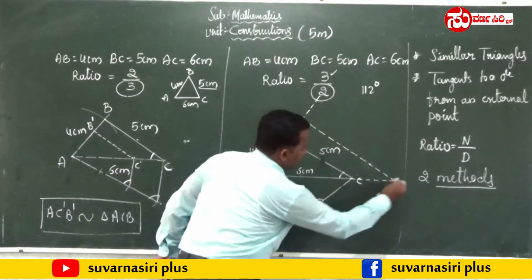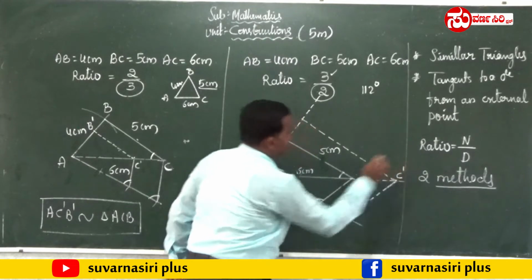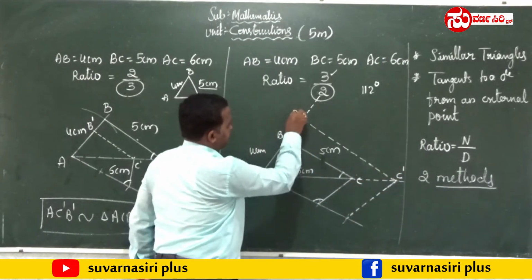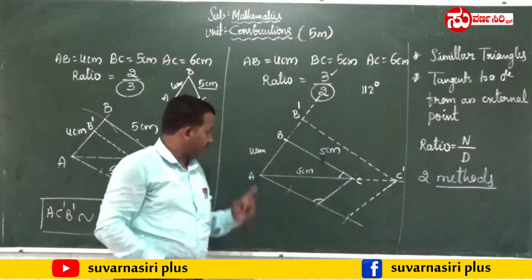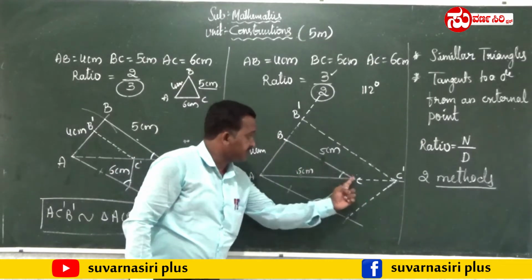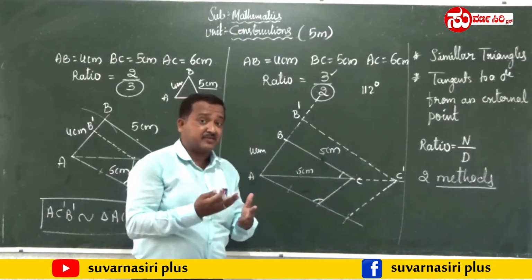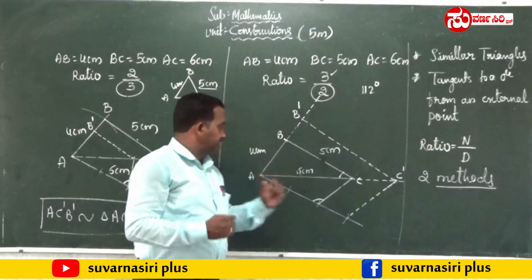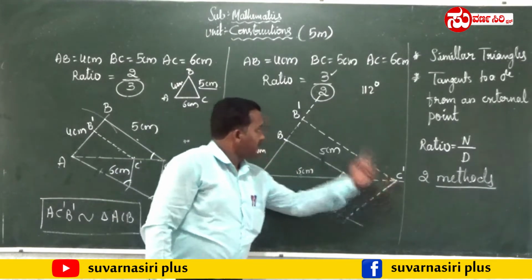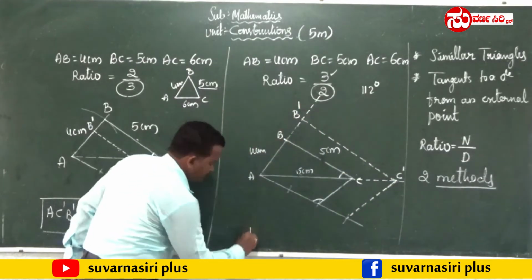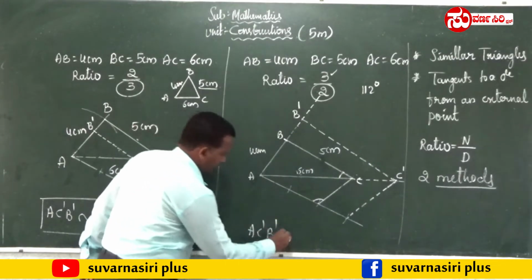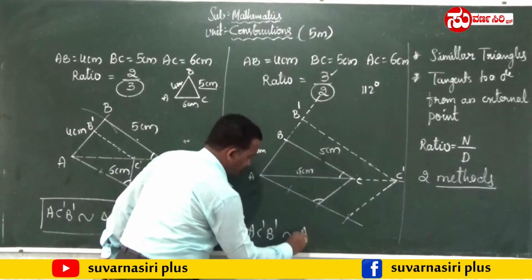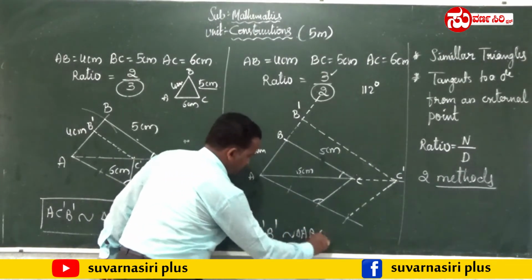Let us give this as C dash and this as B dash. The given triangle was A, B, C. The triangle similar to this is A, C dash, B dash. Finally we write the result: triangle A, C dash, B dash is similar to triangle ABC.